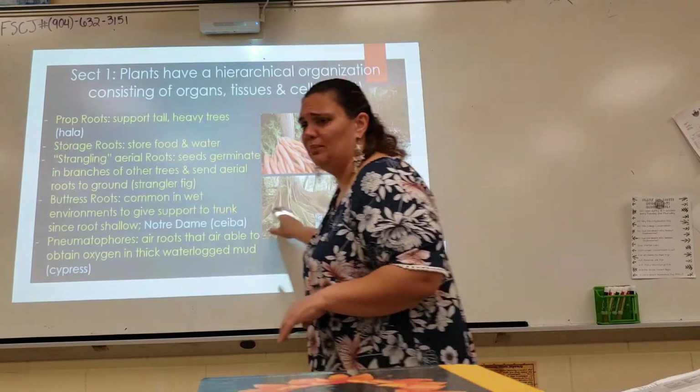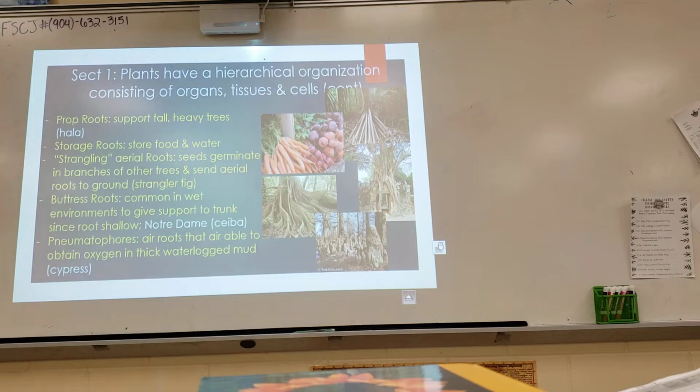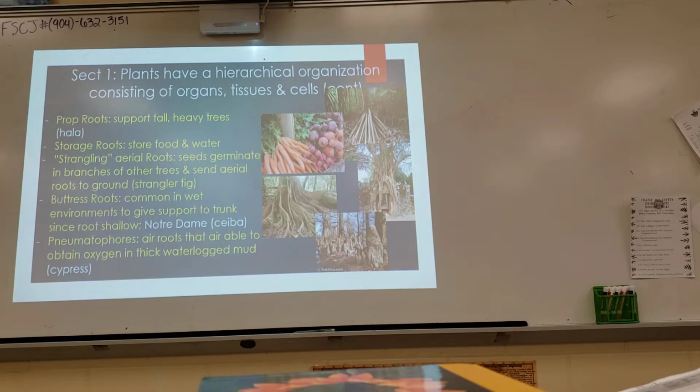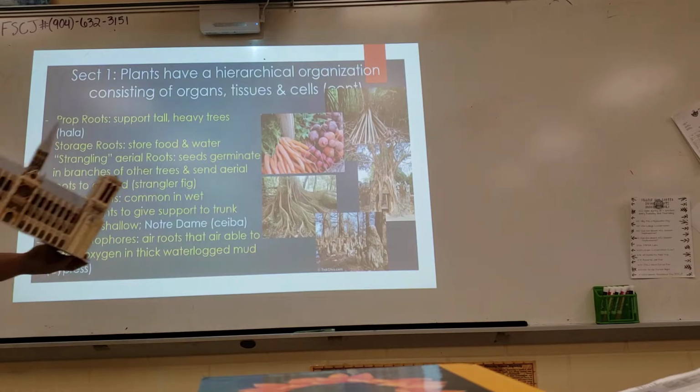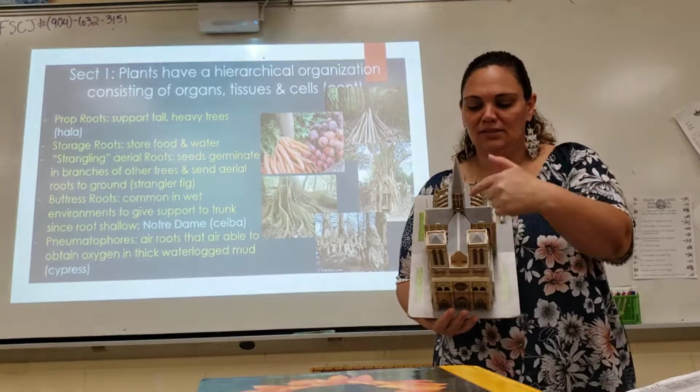Now let me show you the buttress with the Notre Dame. If you've ever noticed, most churches are in the shape of a cross. Look at the aerial view of it. It's actually in the shape of a cross.